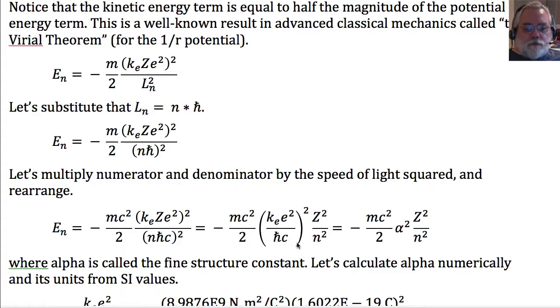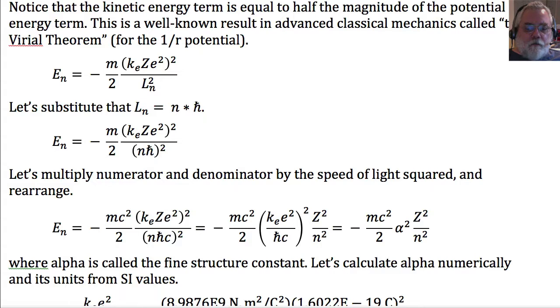Alpha equals k sub e e squared over h bar c. mc squared is the rest mass energy of the effective mass of the electron.